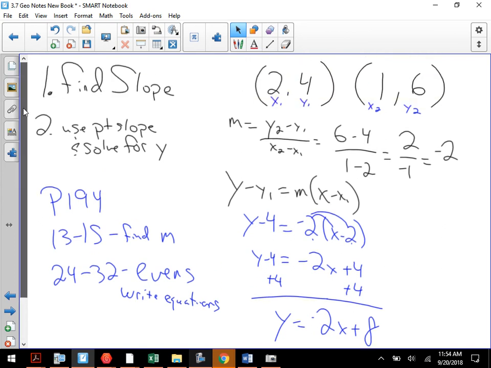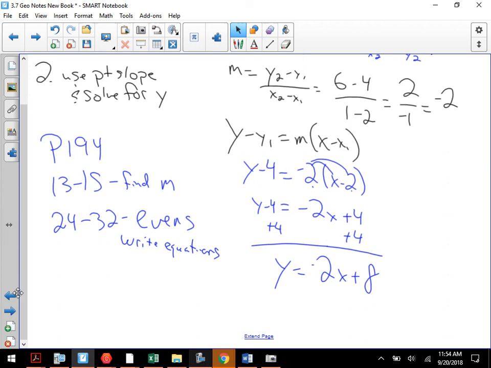If you're only given 2 ordered pairs, what can you find? Slope. Once I have slope, I can use a point to get me to the y-intercept. We're finding that the y-intercept is at 8. The y-intercept is the b value.